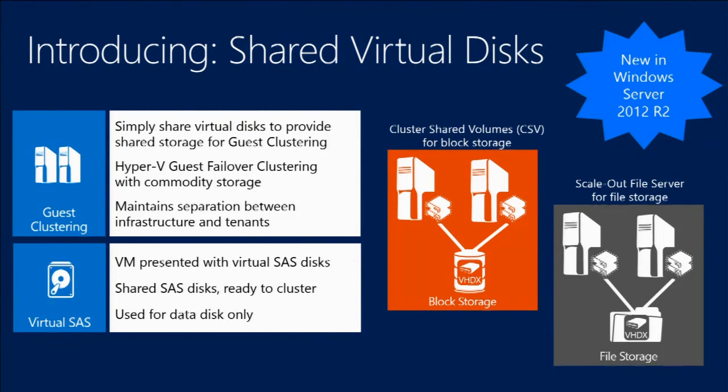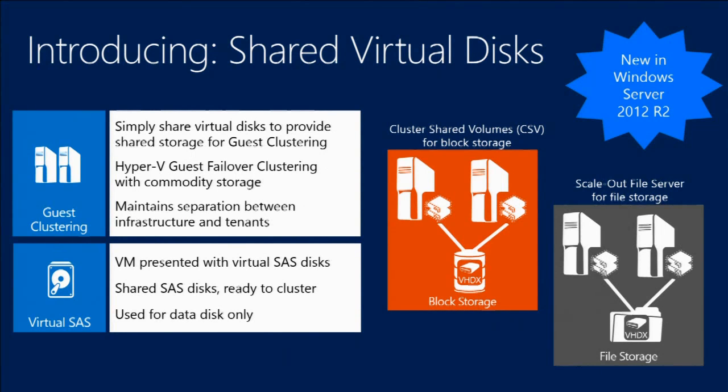So the notion is you simply share this, for instance, if it's a CSV environment that you have, you put a VHDX on your CSV and you expose that data VHDX to both, okay? Or if you're using file storage, same thing. You expose that same VHDX file to multiple VMs.